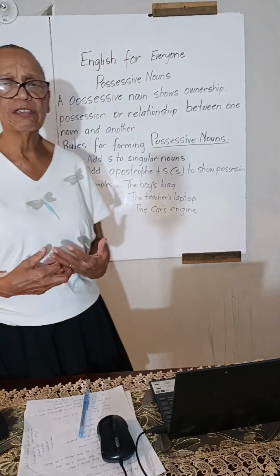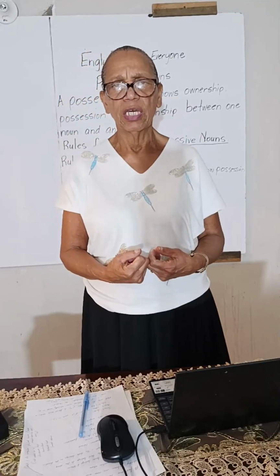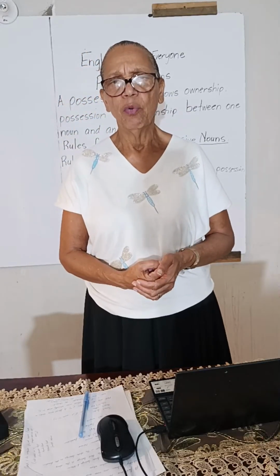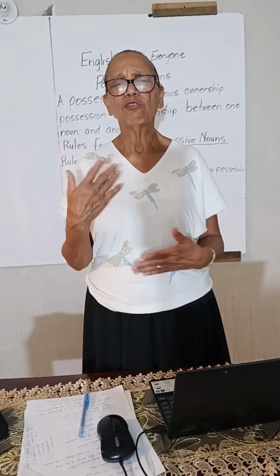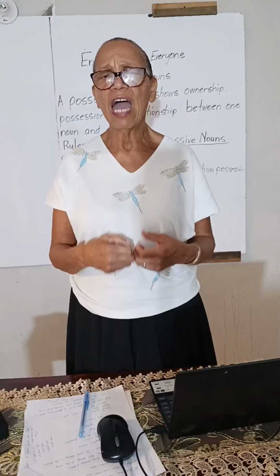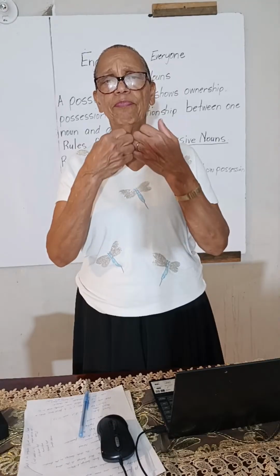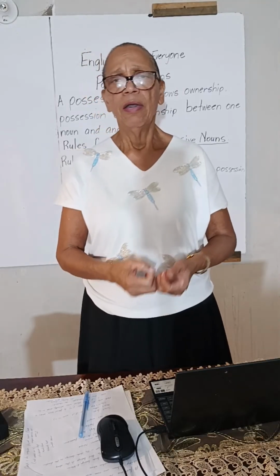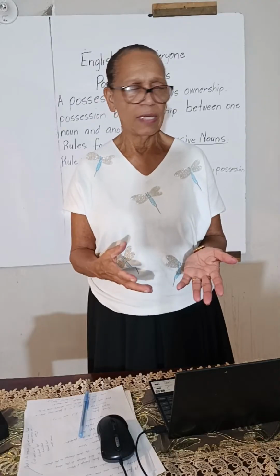Now, the first part of speech that we have been looking at is nouns. What are nouns? That is one part of speech, and it has to do with names. Nouns are naming words. They name ideas, people, places, things, animals.